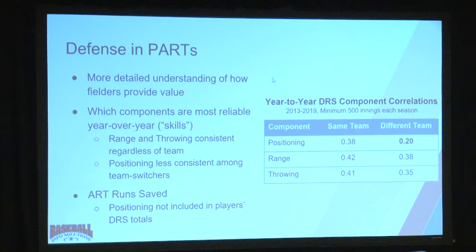So what that leads to is what I talked about before, the range and positioning run saved component being replaced with ART run saved, where air, range, and throwing is now what goes into a player's total. And then positioning is instead a team-centric stat because of the fact that it's so team-controlled.